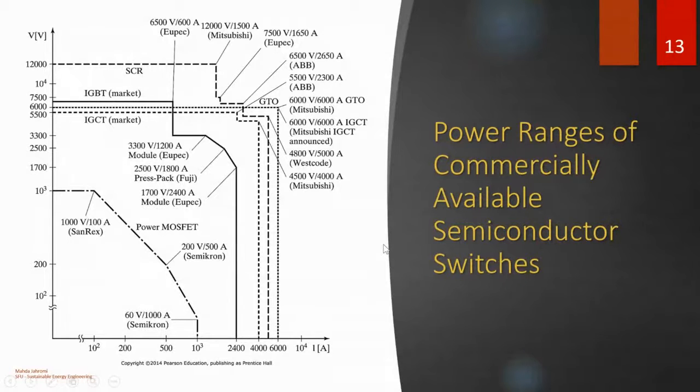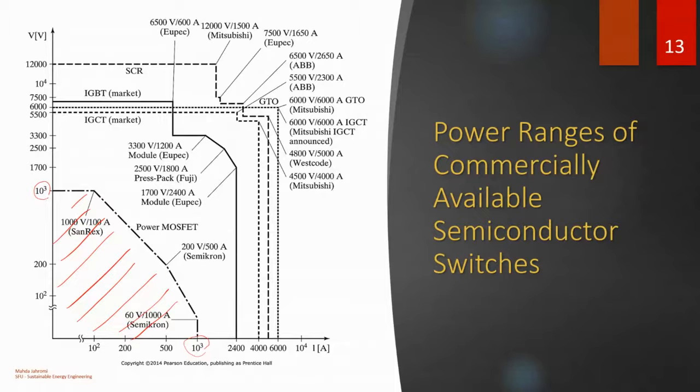And then I'll show you this other graph that shows you the voltage and current ratings of the available switches in the market. So you can see that for the lower power applications, we have MOSFETs. And then as the power goes higher, just notice that, for example, for MOSFETs, the current limit is 1,000 amps. The voltage limit is 1,000 volts, but you don't get a 1,000 volt MOSFET with a 1,000 amp capability.